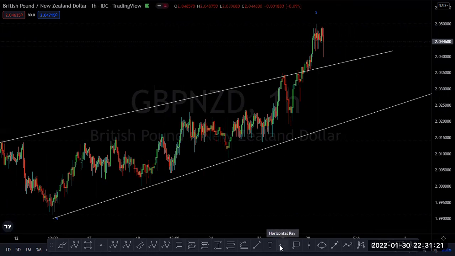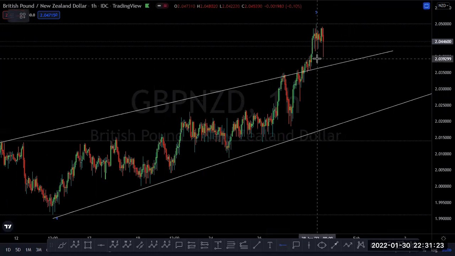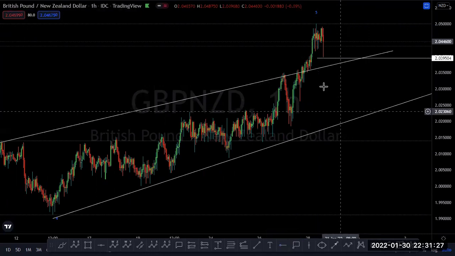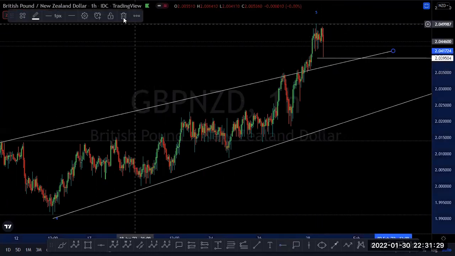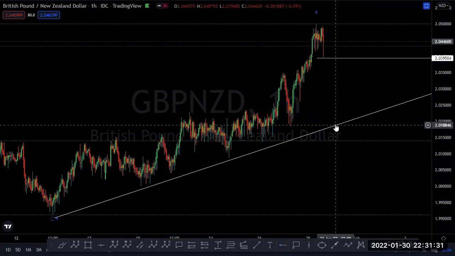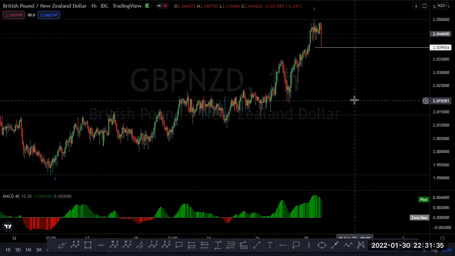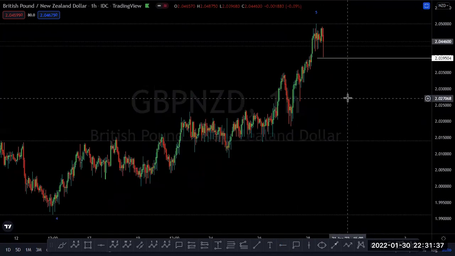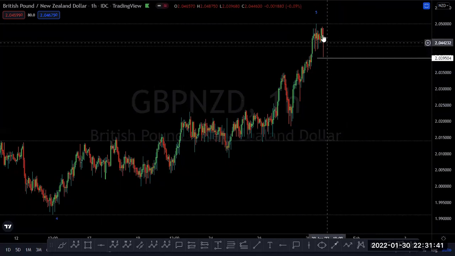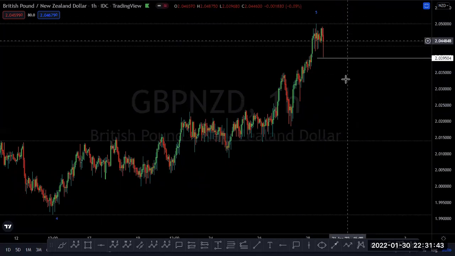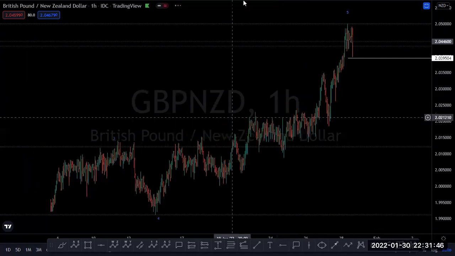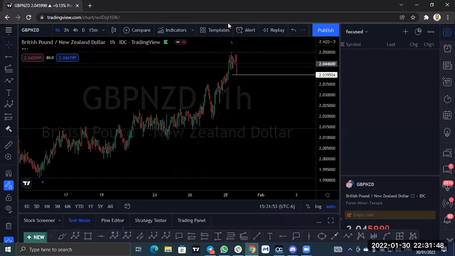For instance, when the price closes below this place, then you look for sell. Don't try to catch the top. It doesn't help, because you cannot know where it will end the buying, whether it has ended or it will still push further up. I don't know yet. Okay, so let's move.